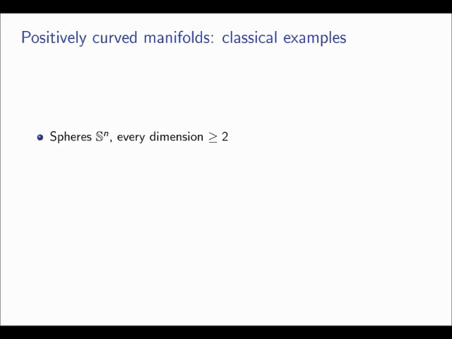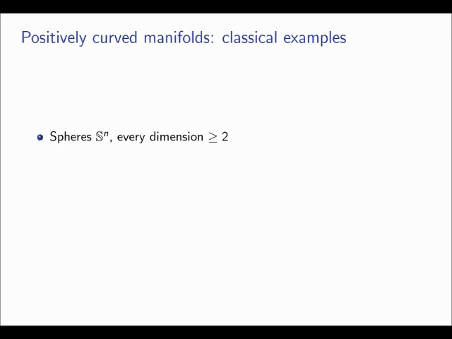One difficulty for this problem is that there are few examples of positively curved manifolds to our knowledge, and it is also very difficult to find them. So we can review what kinds of positively curved manifolds we have.